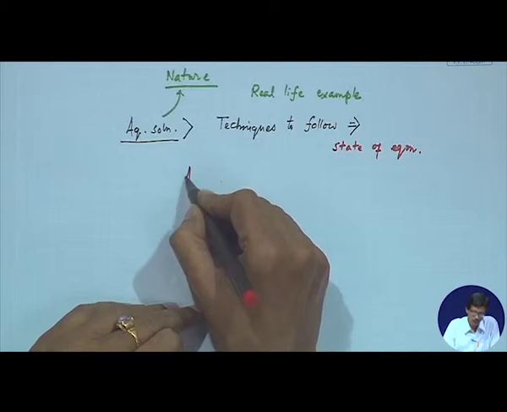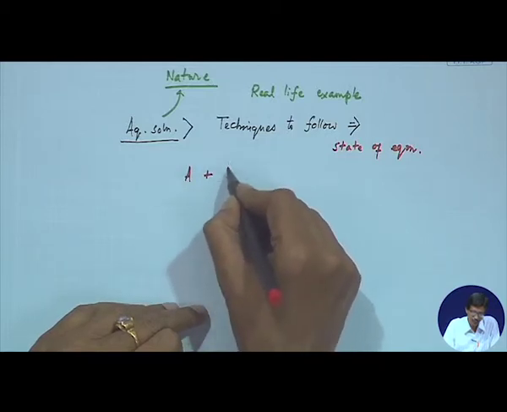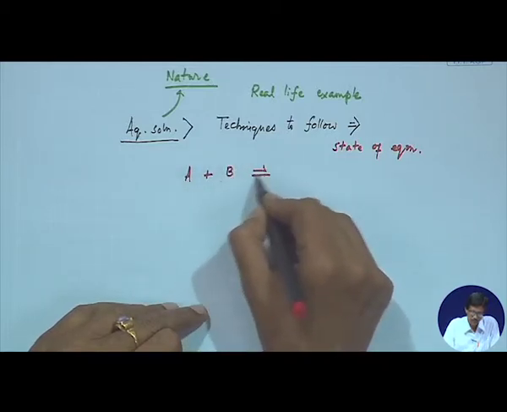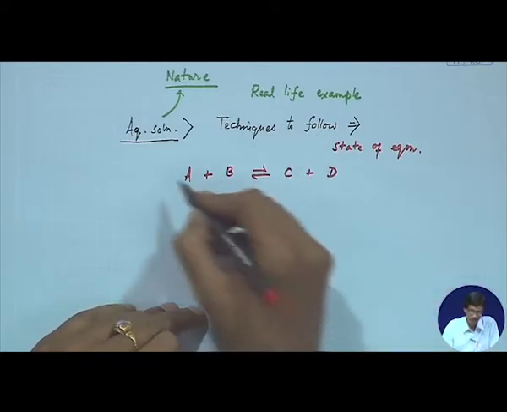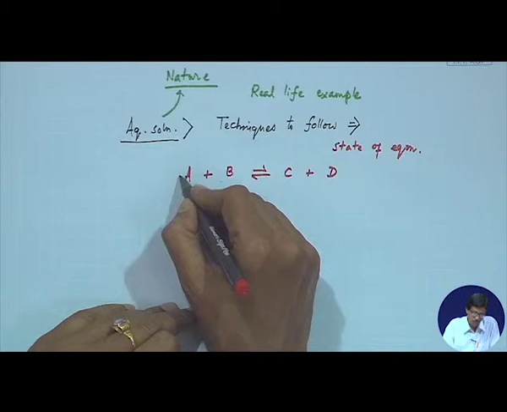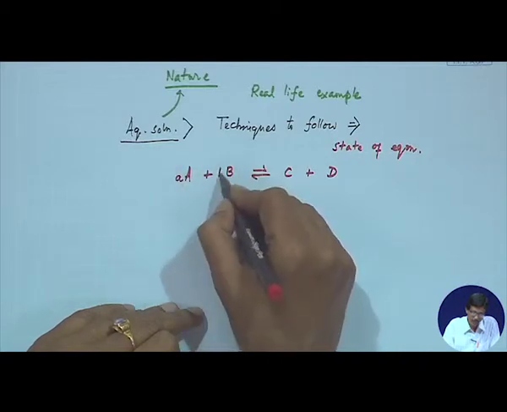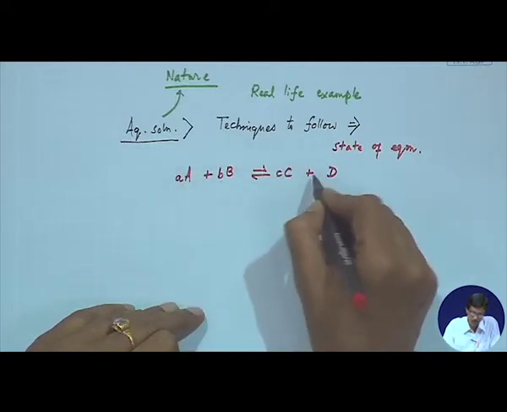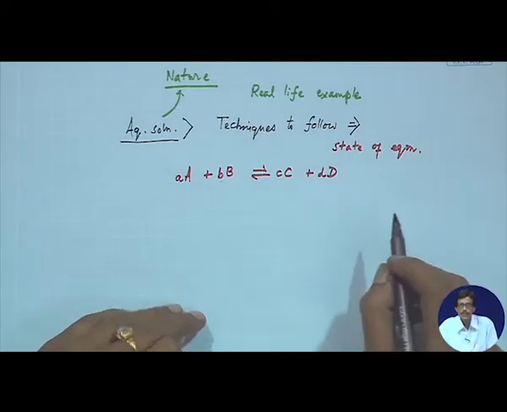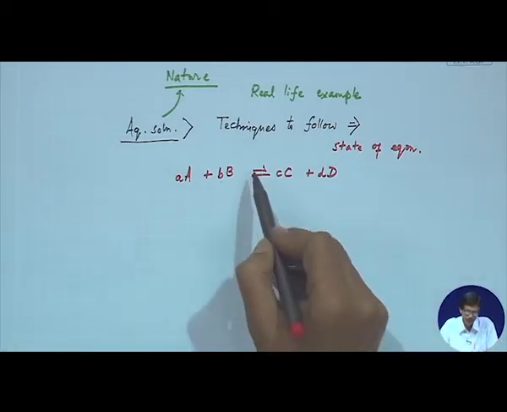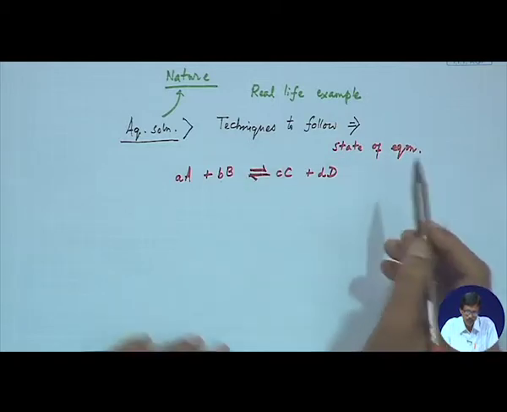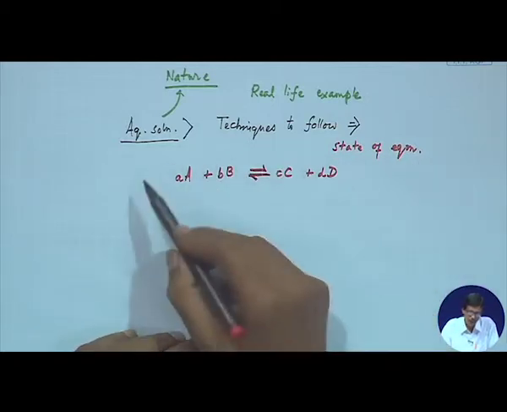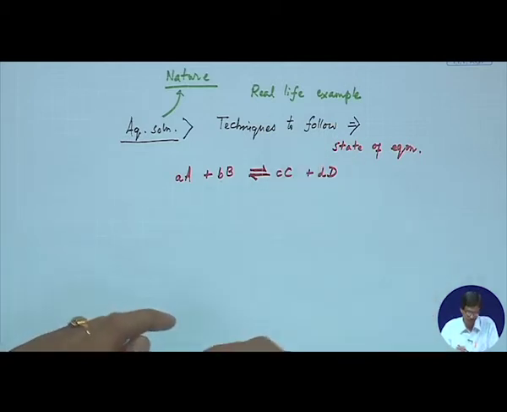where we are talking about A plus B giving rise to C plus D. So, a moles of A and b moles of B react to give c moles of C and d moles of D. And this particular symbol tells us that the reaction goes up to some point, and then all these 4 species are present together within the solution.